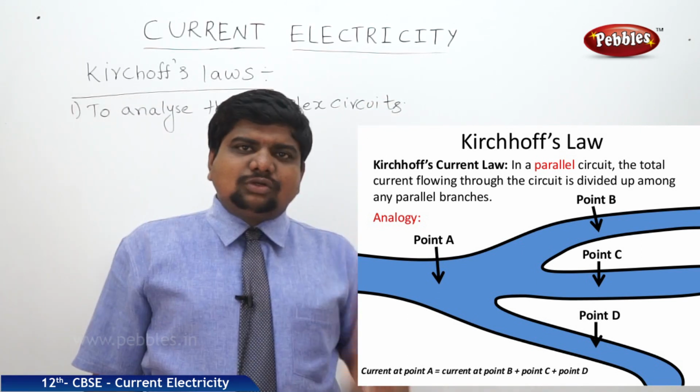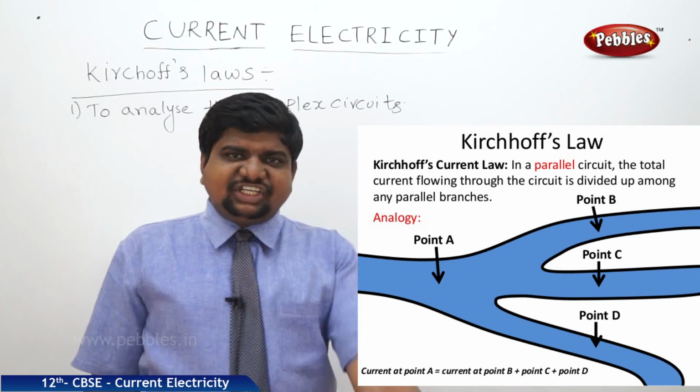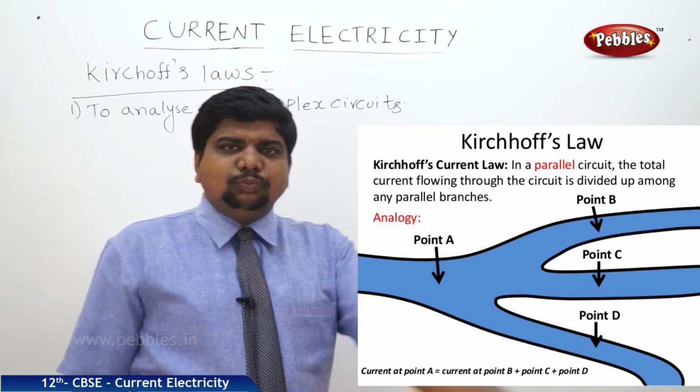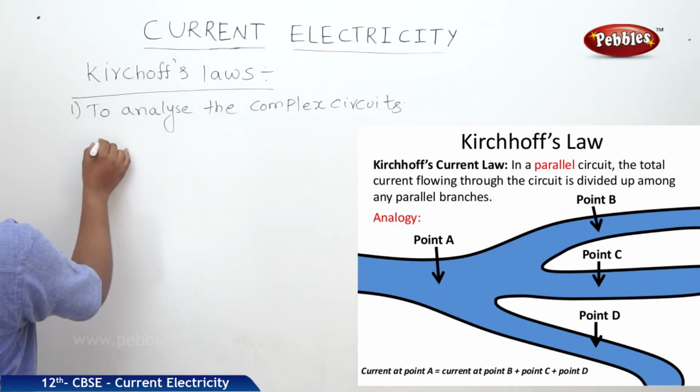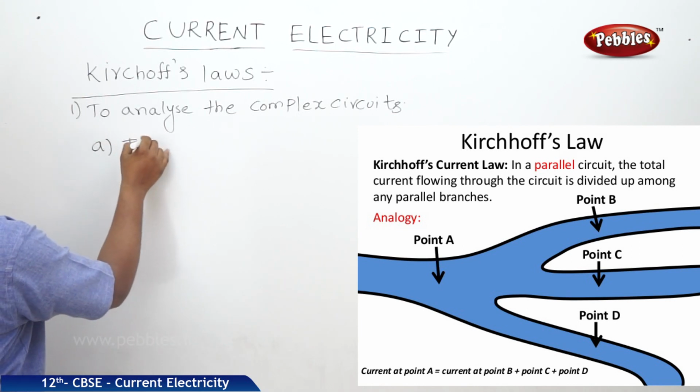These Kirchhoff's laws are of two types. One is the junction rule, the second one is the loop rule. Junction rule.